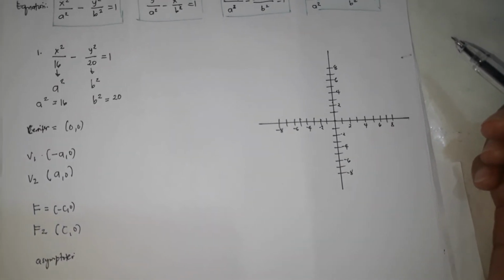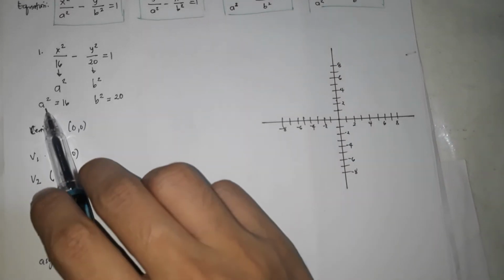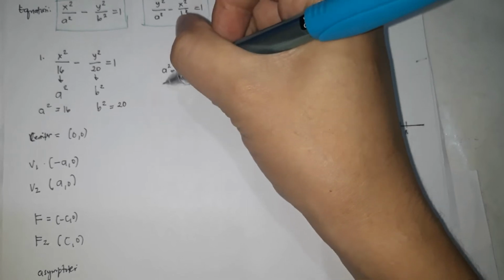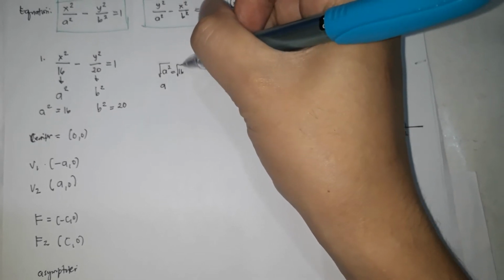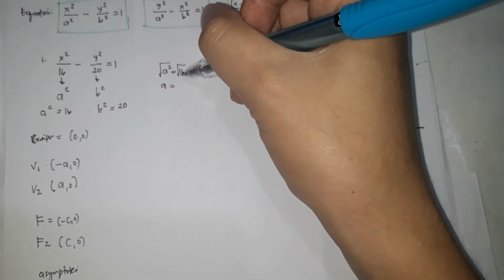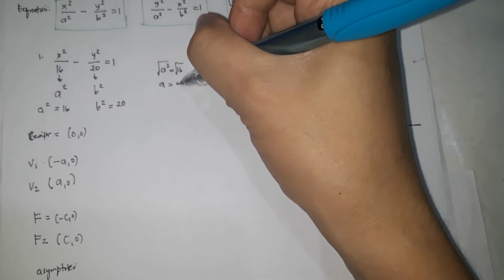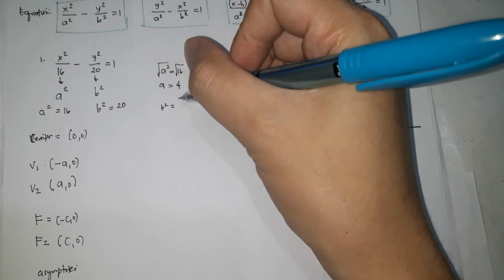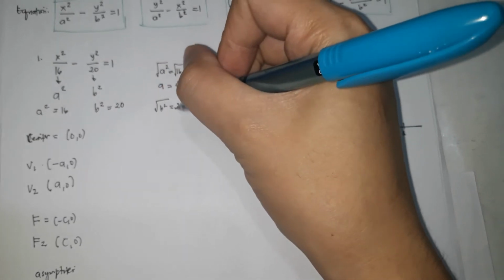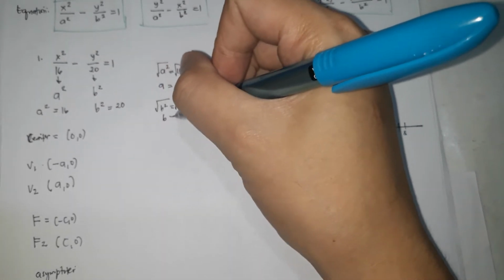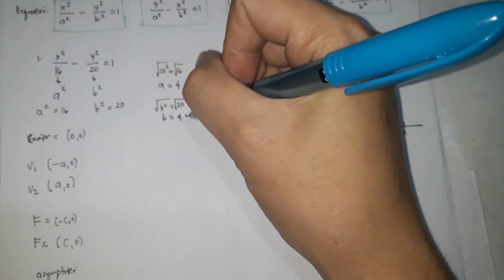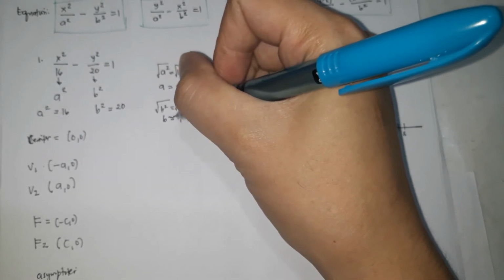So we know that a squared is equal to 16. So what is a? Square root. What number are you going to multiply by itself to get 16? That's positive 4. b squared is equal to 20. Square root. b is equal to the square root of 20, which is approximately equal to 4.47.